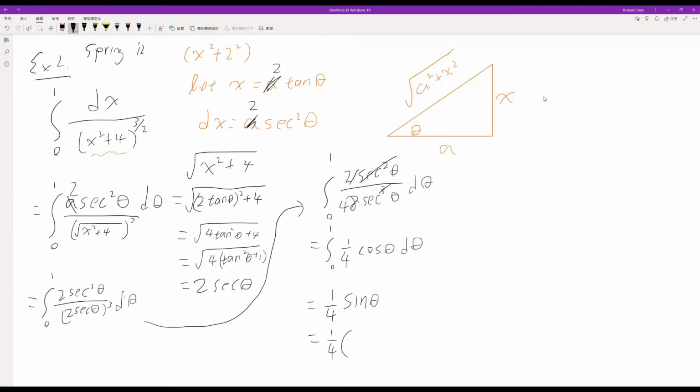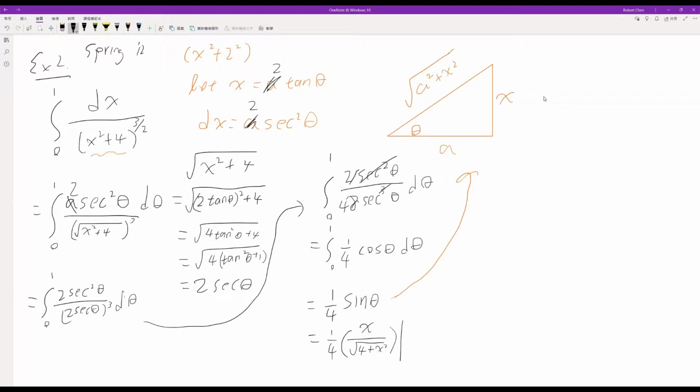So sine theta, sine is opposite over hypotenuse. That's where we go back to the triangle, right? Right here, go back to here and try to find out what sine is, right? So sine is opposite x over hypotenuse, which is x over the square root of 4 plus x squared.